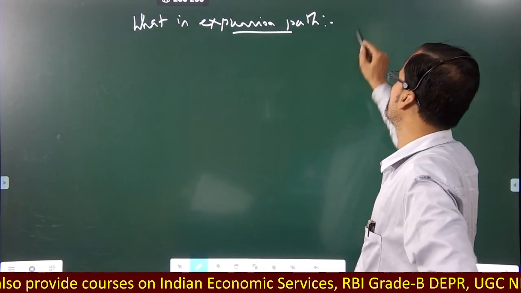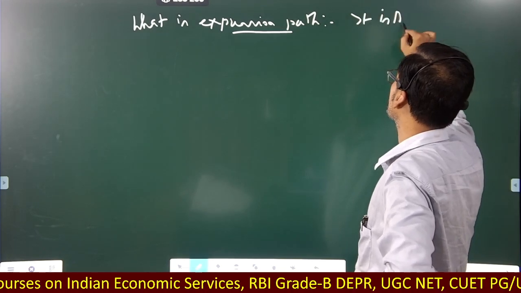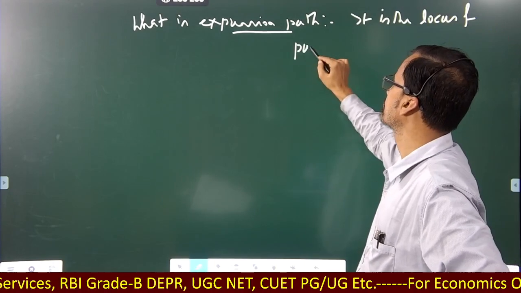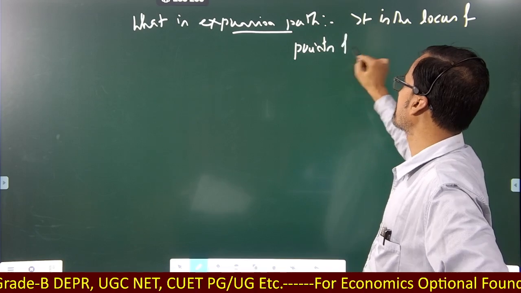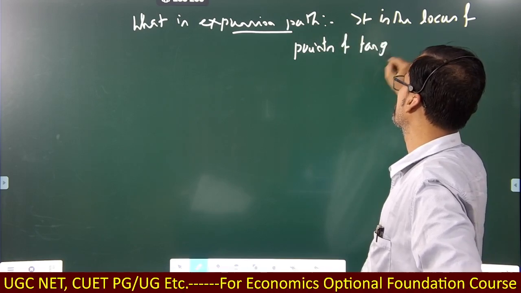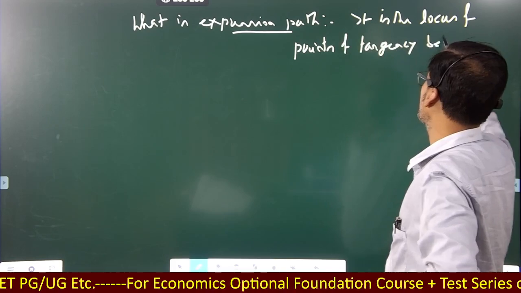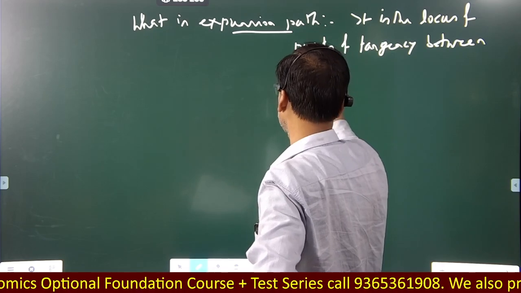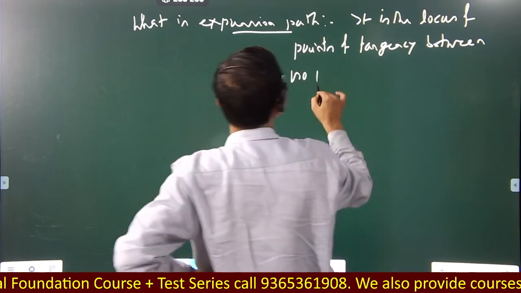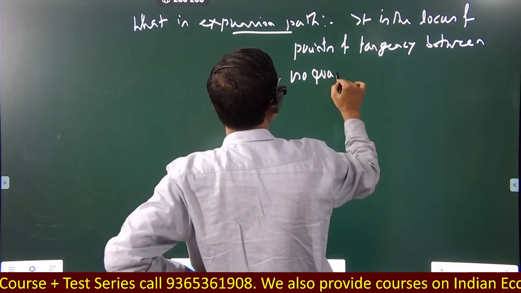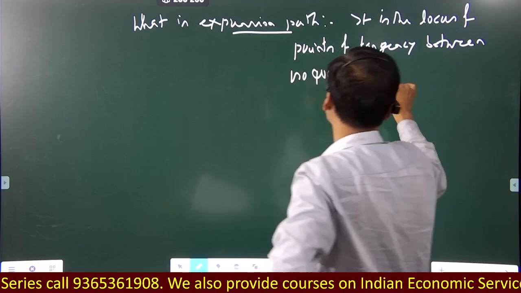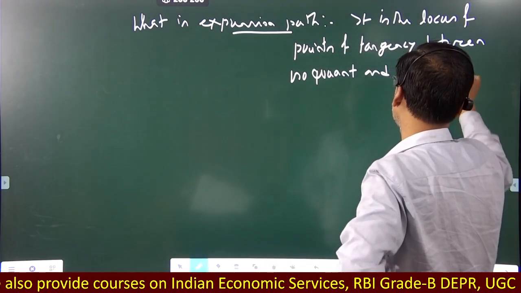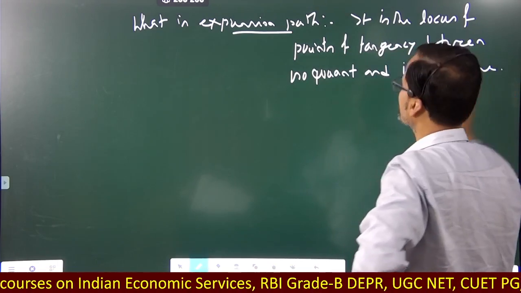It is the locus of points of tangency between isocost, isoquant and isocost line, like this.